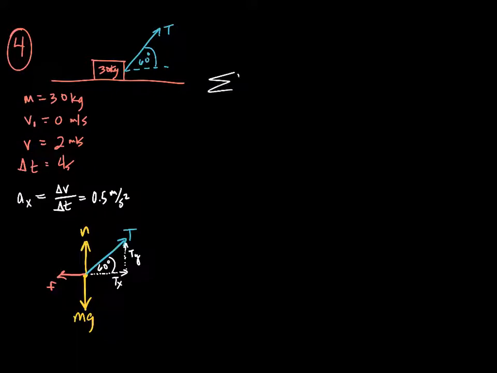So the sum of forces in the y direction are going to be the normal force up. And since that Ty component is opposite the angle, it's going to be T sine theta. And then that's both of the up forces. And then there's one down force, mg. And all of that has to equal 0 because it's not accelerating in the y direction. The sled is staying on the ground.